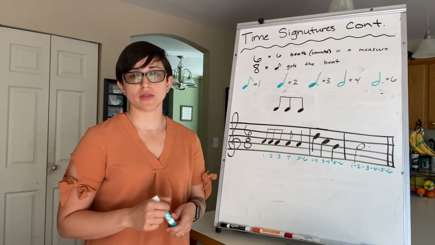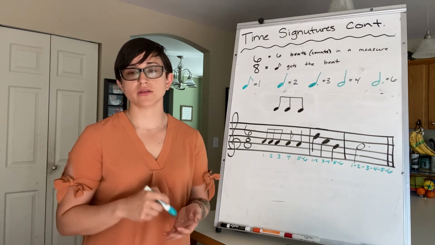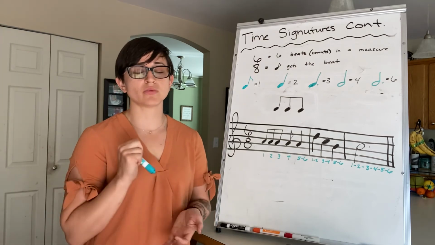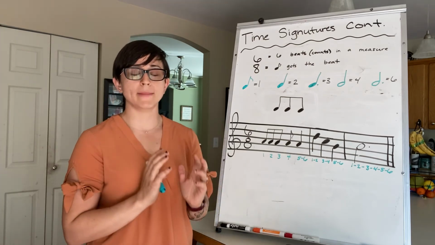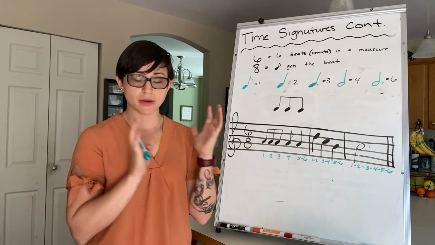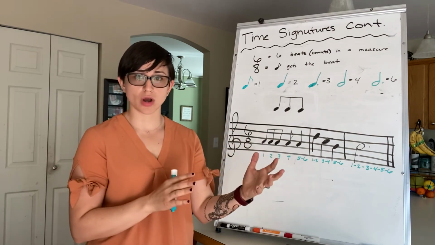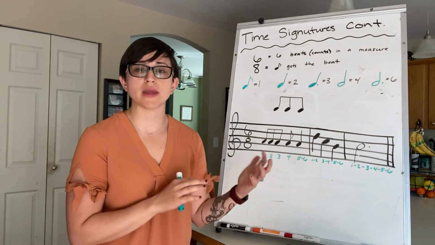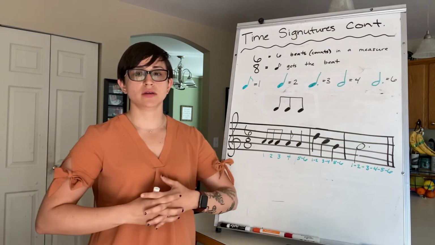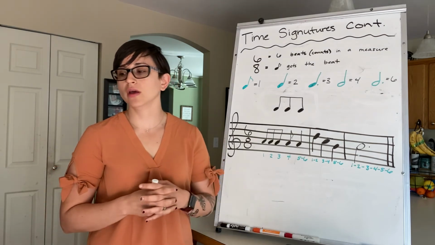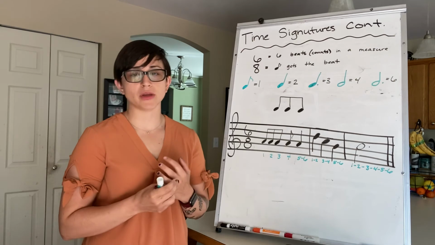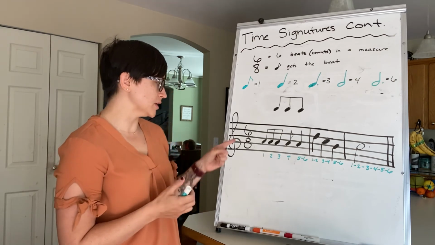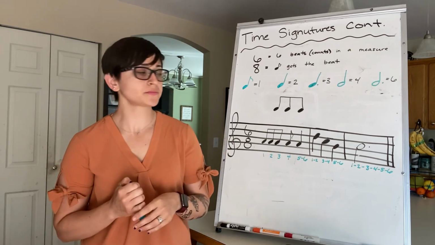So make sure that it makes sense. The sentences within your measures, which I'm calling sentences right now, should make sense. It should not feel weird, okay? So count it out, make sure that it makes sense before indicating if it's 6/8 or 3/4.